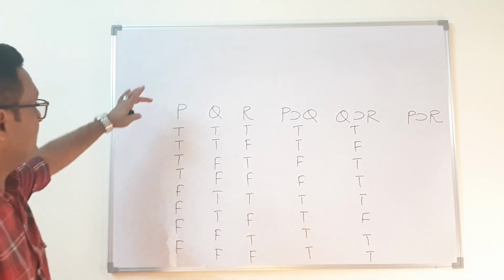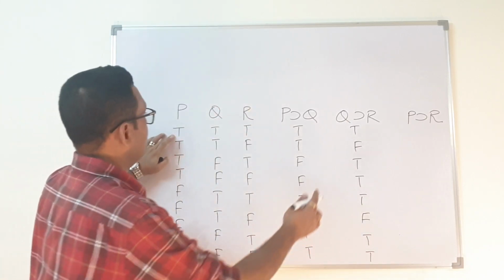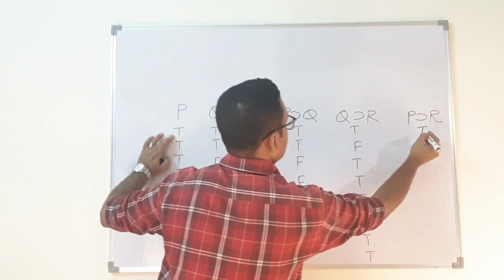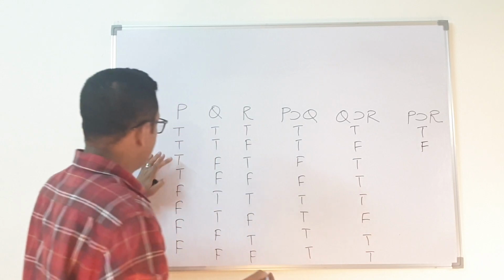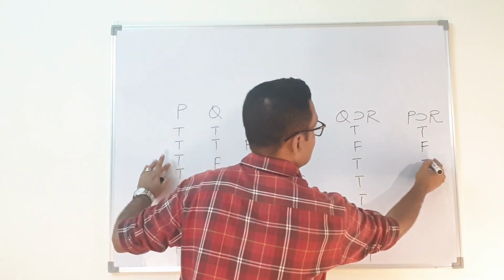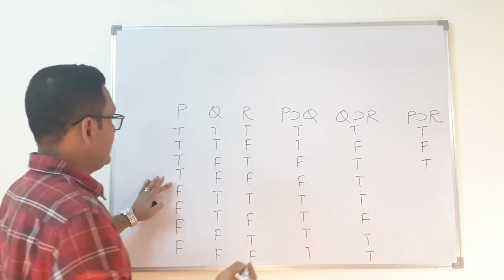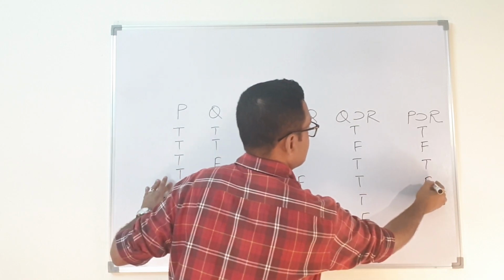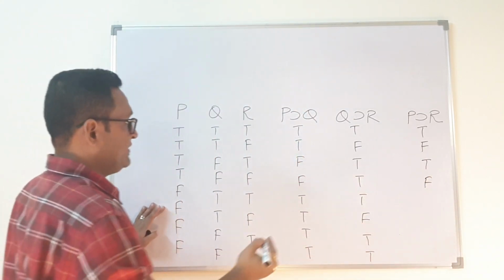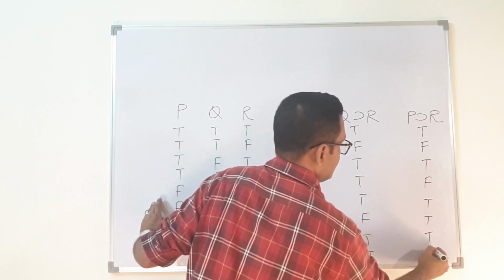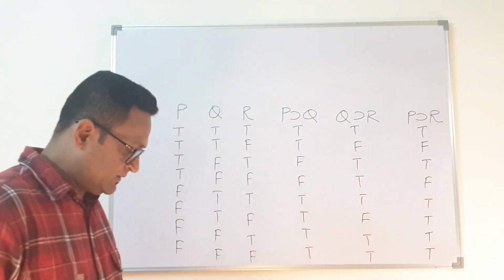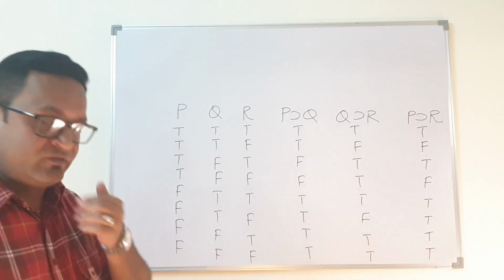P implies R, this and this. So true implies true is true. True implies false is false. True implies true is true. True implies false is false. Then all of them will be true. So this is the truth table which we have drawn.